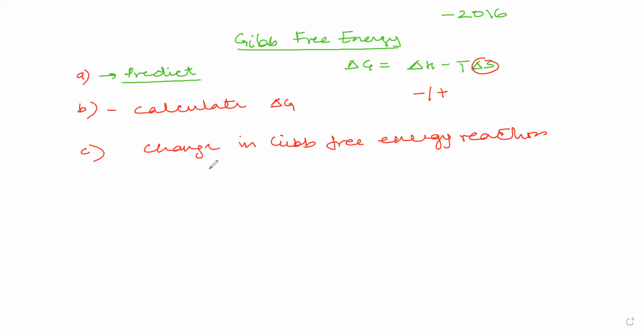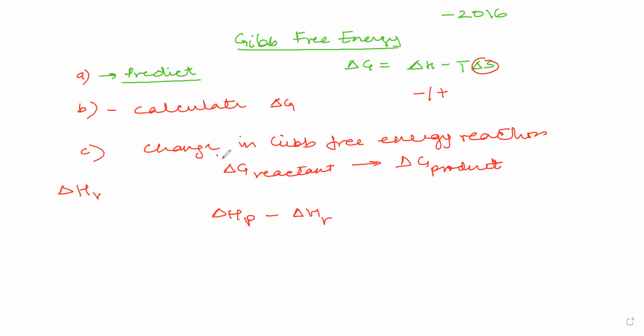That means they have given you the Gibbs free energy of the reactants and the Gibbs free energy of the products. For example, if they ask you to calculate the enthalpy change of a reaction, what do you do? You subtract the enthalpy of the reactants from the enthalpy of the products.